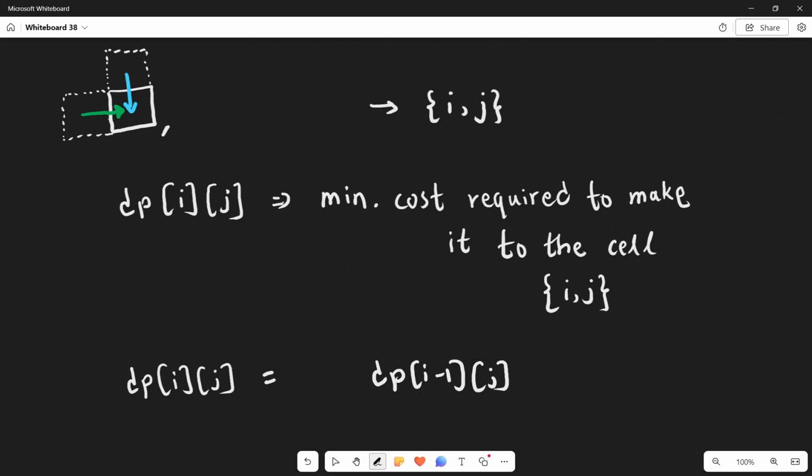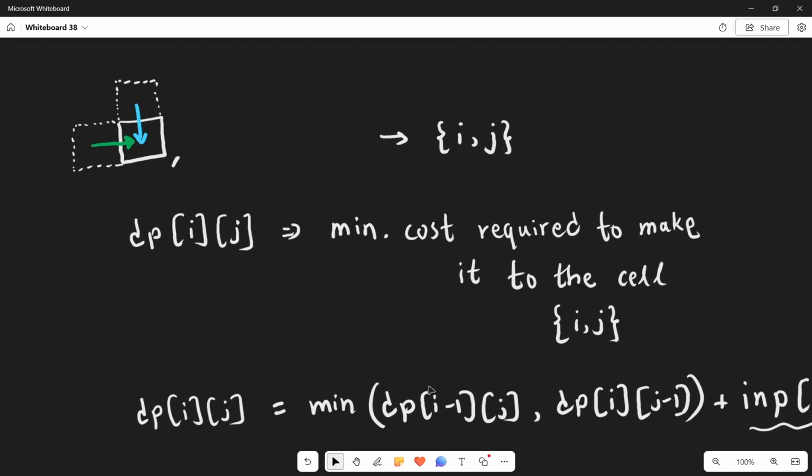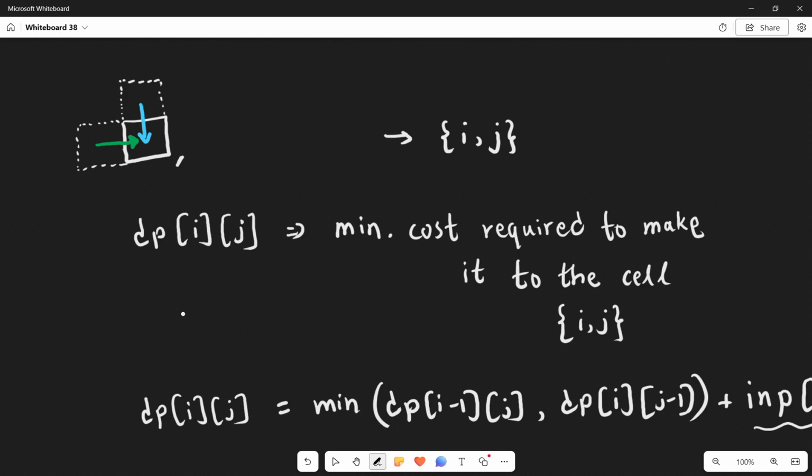You'll say that it is basically the minimum of dp of I minus 1 comma j and dp of I comma j minus 1, plus the input matrix of I comma j. But will it work? Let us take a look. The problem is not that simple. Why are the rotations given? What is the help of rotation in minimizing our answer?